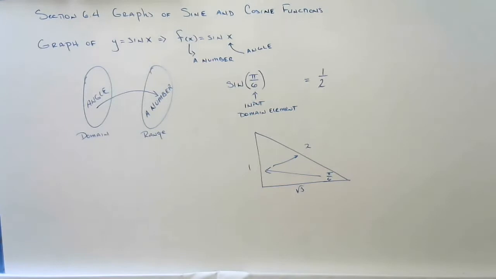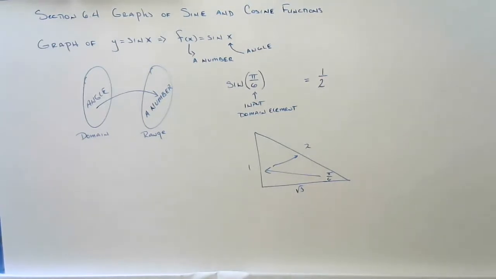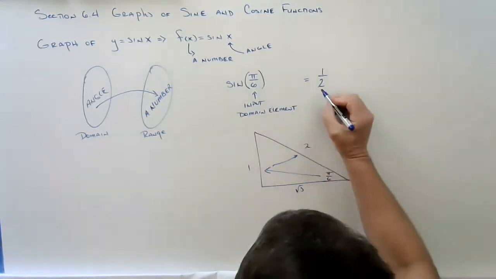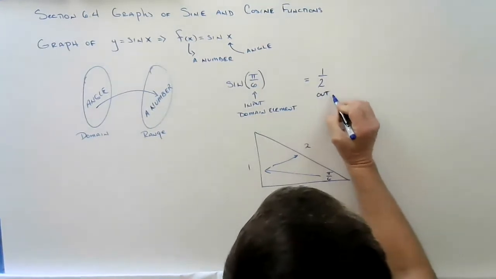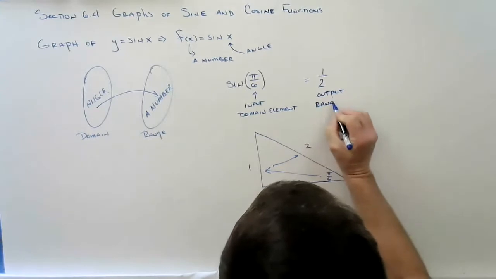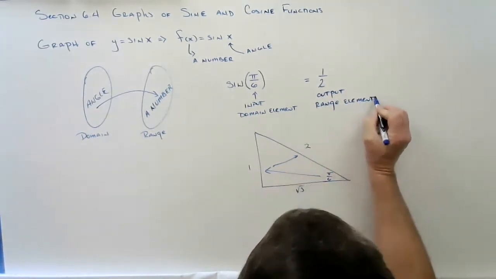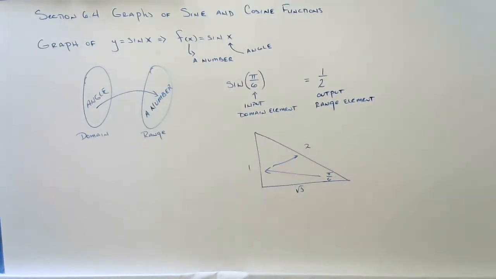So when we're drawing our trig graphs, right, when we're drawing the graph of sine x, we have to keep in mind that our input, our domain element, is going to be an angle. Our output, or our range element, that's going to be a number, okay?